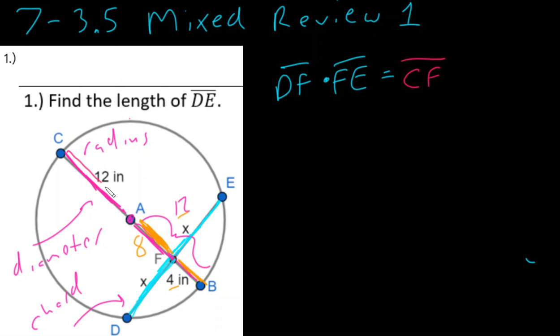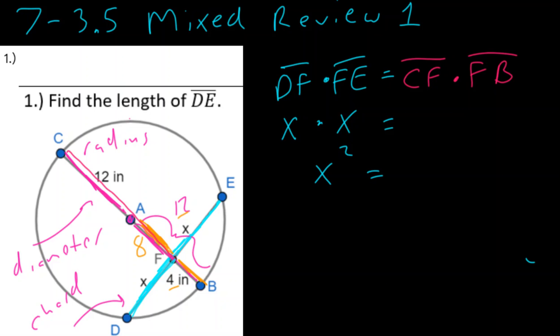Notice that I'm going this entire length here, CF, times FB. Now let's plug in everything that we know. DF and FE are easy. That's just x times x, and let's simplify that. That's x squared is equal to.